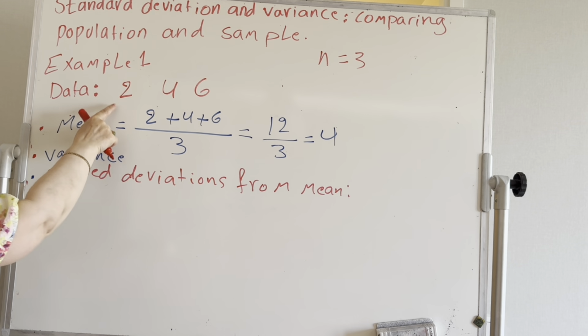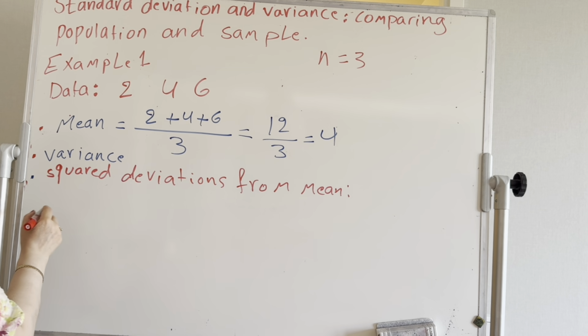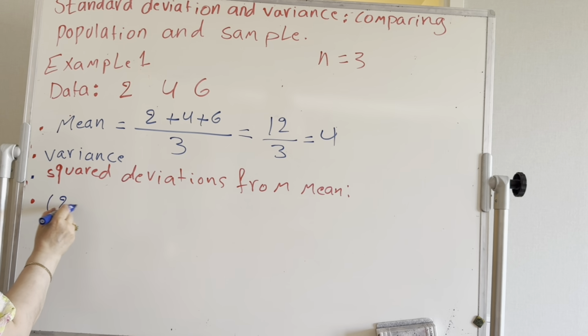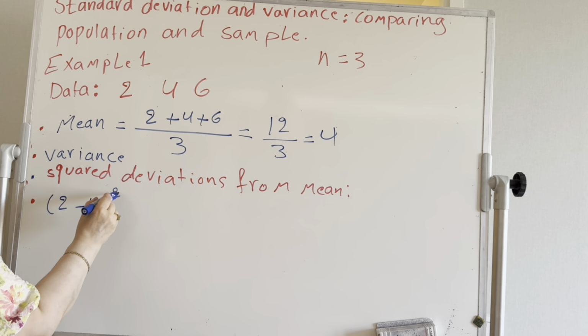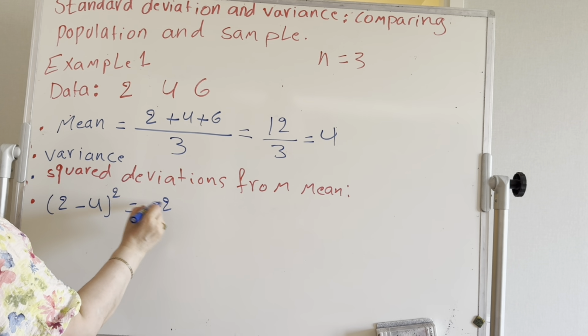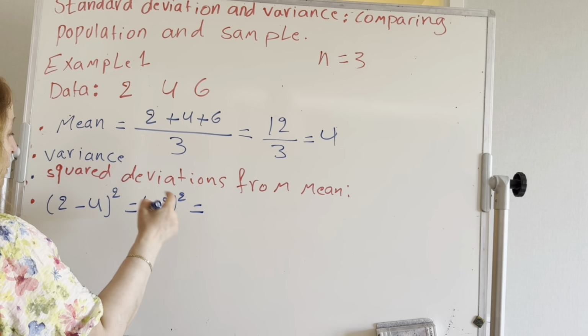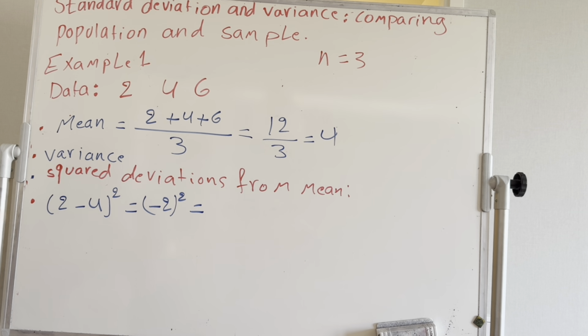The first number is 2. 2 minus 4, power 2, equals minus 2 power 2, equals minus 2 times minus 2, equals 4.